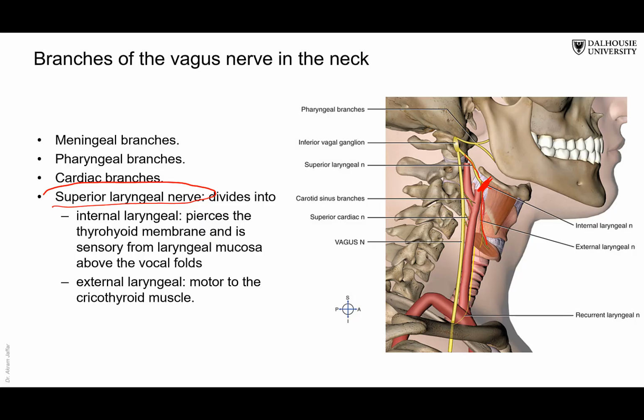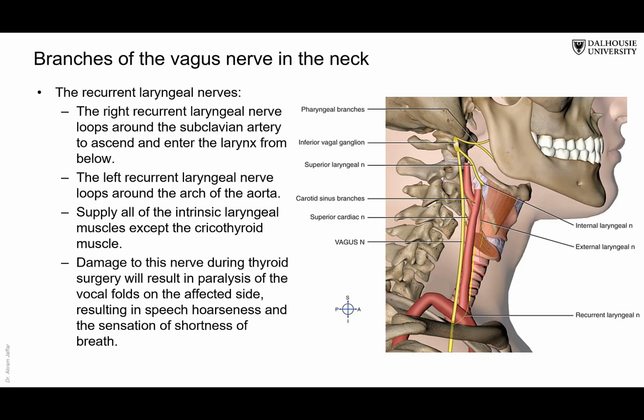And then there is another one, which is called the external laryngeal nerve that supplies a small muscle here, a very small muscle. It's not a strap muscle. It is a muscle of the larynx, and it's called the cricothyroid muscle. This is supplied by the external laryngeal nerve. And then we have this famous branch, the recurrent laryngeal nerve.